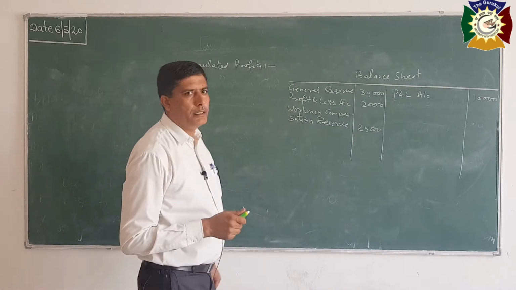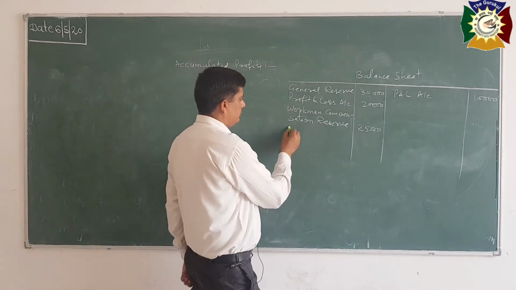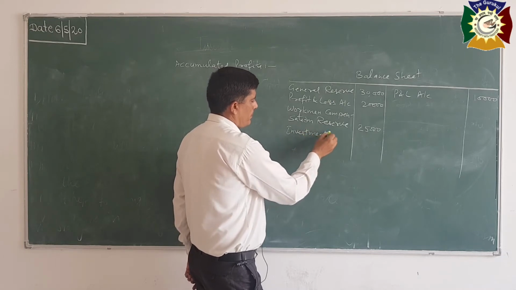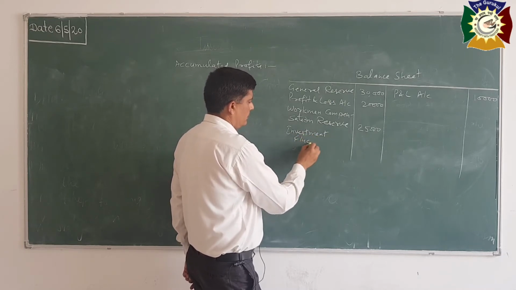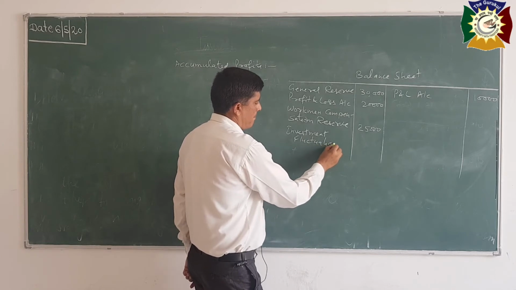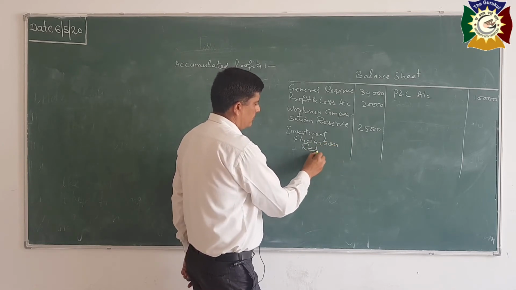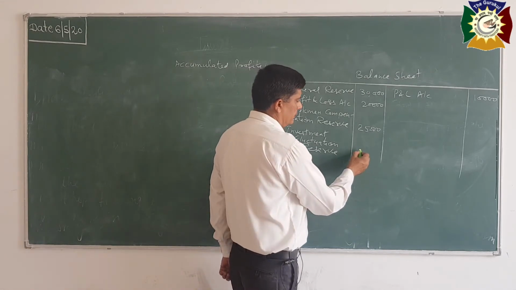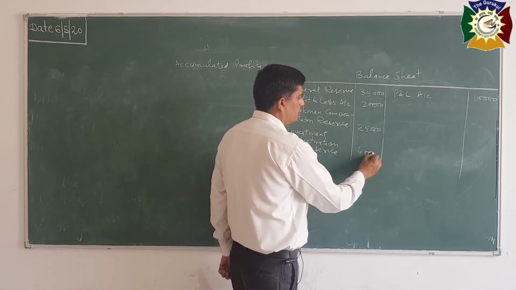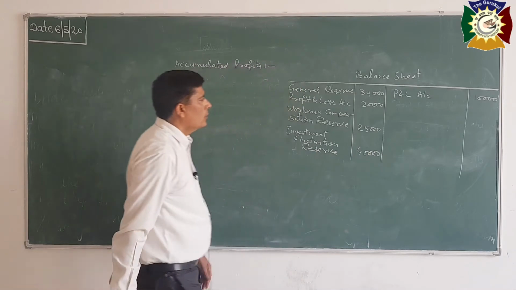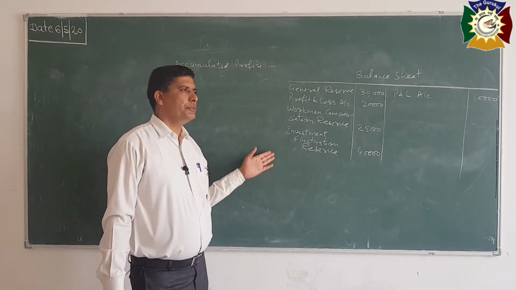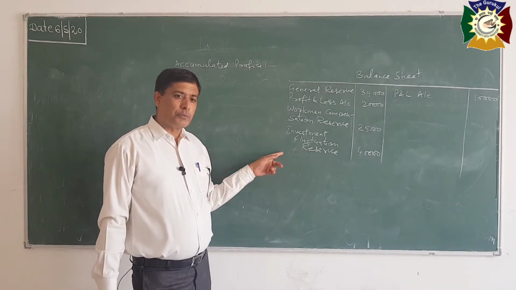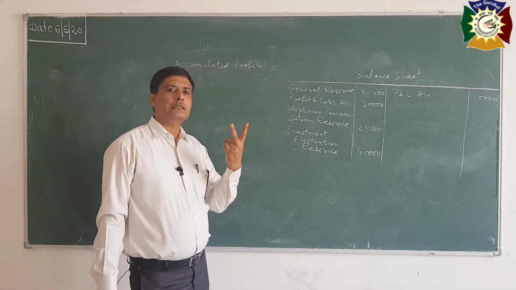Another reserve may be investment fluctuation reserve. Let it is 40,000. So these are all the undistributed profits. So to record these undistributed profits, there are two methods.